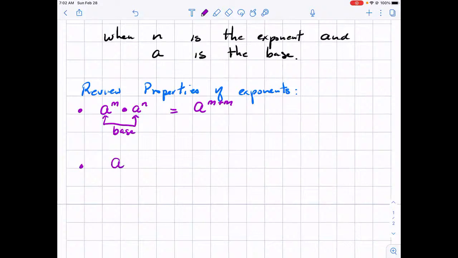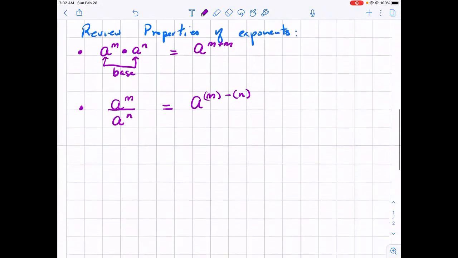Likewise, if I have a to the m power divided by a to the n power, notice once again the bases are the same, so we keep the base, and it's the numerator power minus the denominator power. I keep it in parentheses so that you don't get lost with your signed numbers.